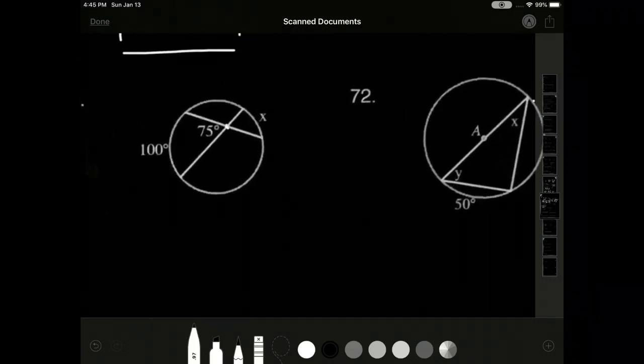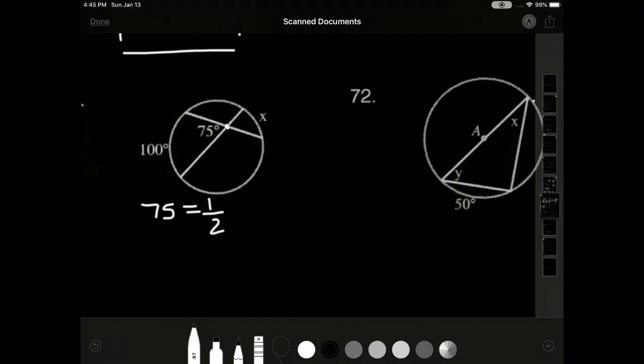For 71, the interception is in the center. So, or not in the center, but inside our circle, I should say. So we can do 75 equals 1/2 100 plus x.